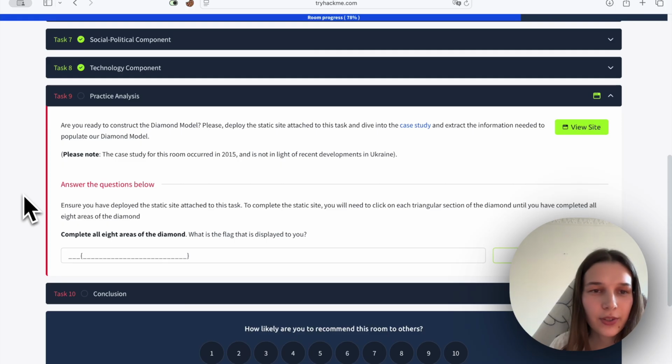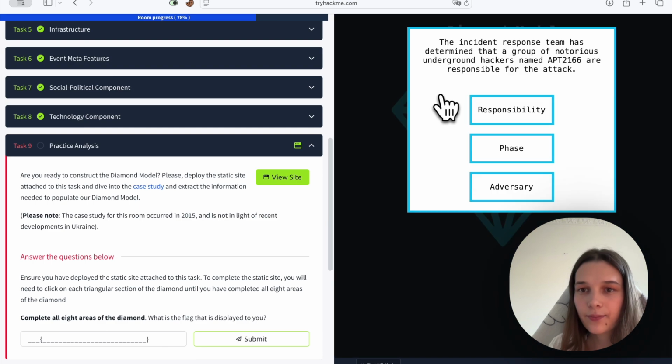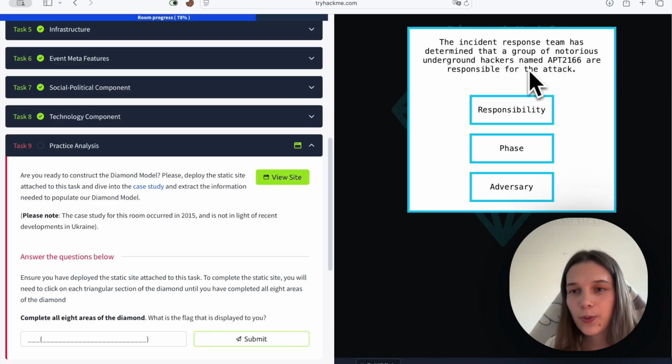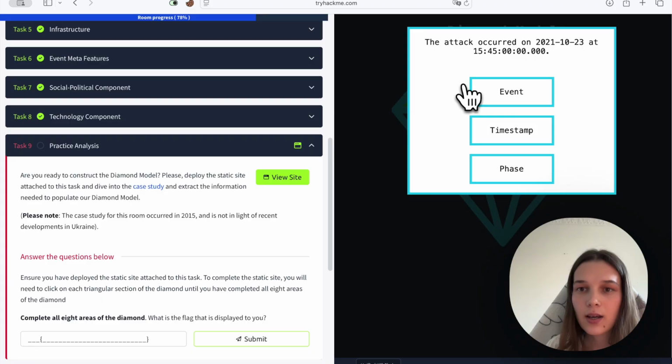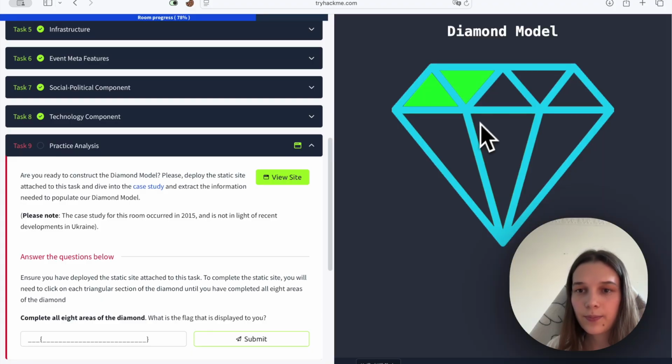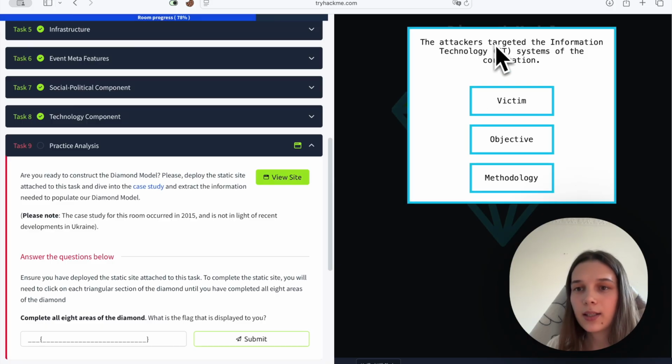Now we will have a look at the practice analysis. We go to our task. The incident response team has determined that a group of notorious underground hackers, and we have the name of the hackers, is responsible for the attack. This is the adversary, we got the name, and the date and time, that's the timestamp. The attacker targeted, and we have the name of the target system of the corporation.